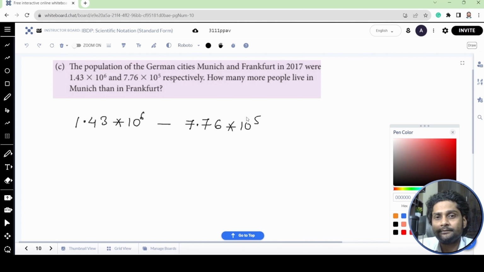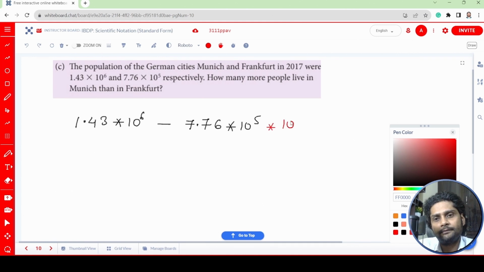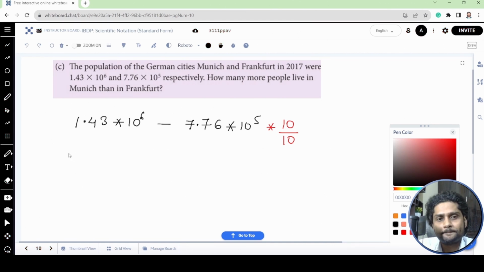In order to make them a similar exponent, here itself I can do one thing. I can multiply by 10 and I can divide by 10. It's just a trick so that we can do it very easily. We get 1.43. The first number is as it is. Now do one thing, bring 10 down here underneath 7.76, because 10 over 10 is nothing, it's just 1, right?